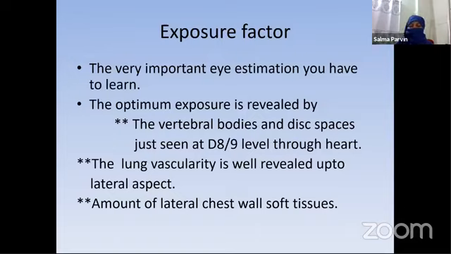And the lung vascularity should be well revealed up to the lateral aspect, along with the amount of lateral chest wall soft tissues. How important it is, the amount of soft tissue seen along the neck, over the clavicles, and some tissue seen on the lateral chest walls of the lung fields.